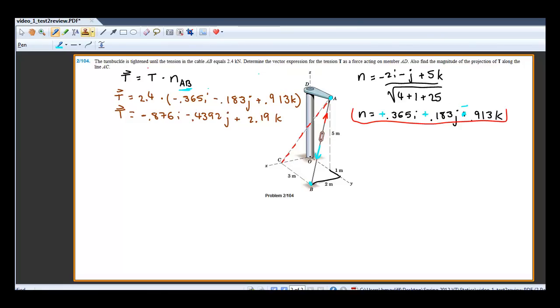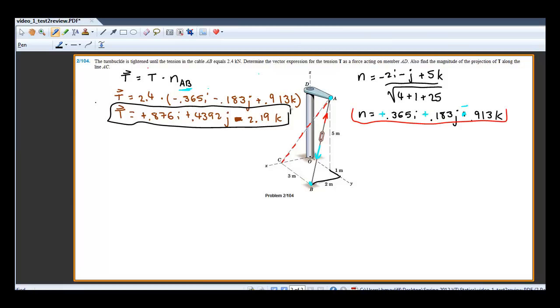So it only changes the signs: positive, positive, and that's a negative. Okay, so that's what we get, and that's the tension. Does it make sense why it should be like that? Because it's going from A to B and not from B to A.